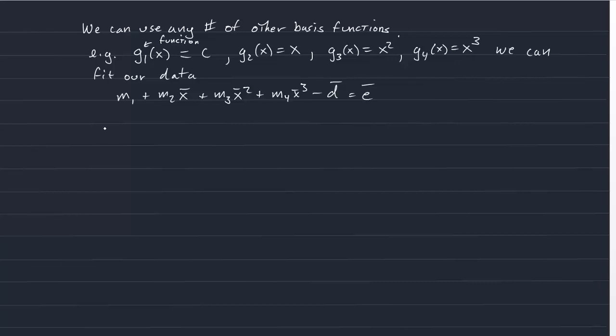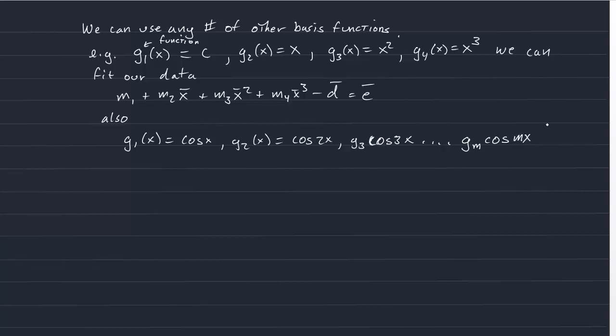Alternatively, we could use periodic functions, where g1 is equal to cosine of x, g2 is equal to cosine 2x, g3 is equal to cosine 3x, and so on. We could use m functions and make the mth function cosine mx.